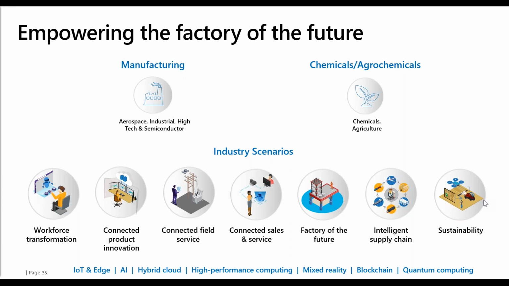You're now able to also get visibility on disruptions of your supply chain across the full spectrum. So that's in a nutshell some of the scenarios that we've got from a Microsoft perspective.